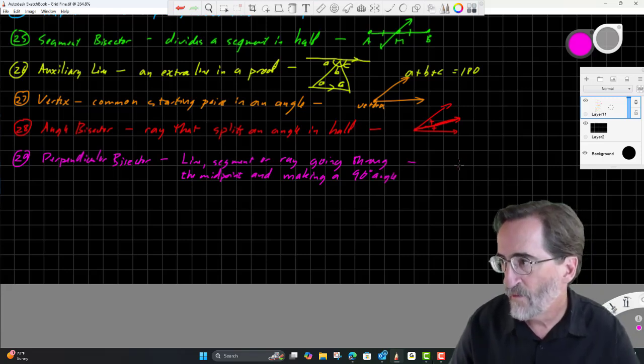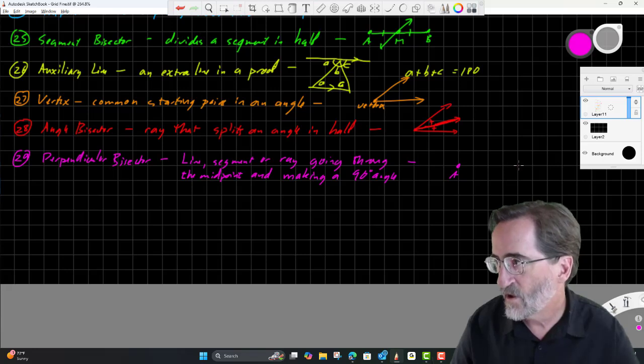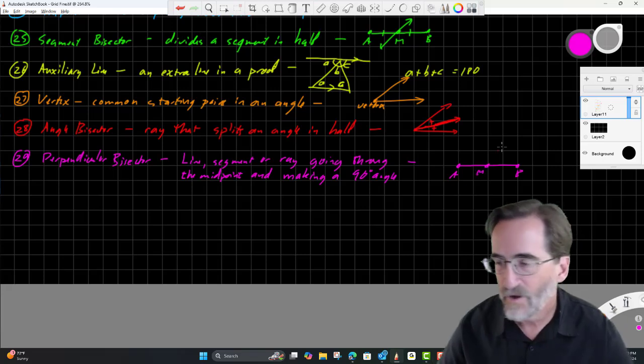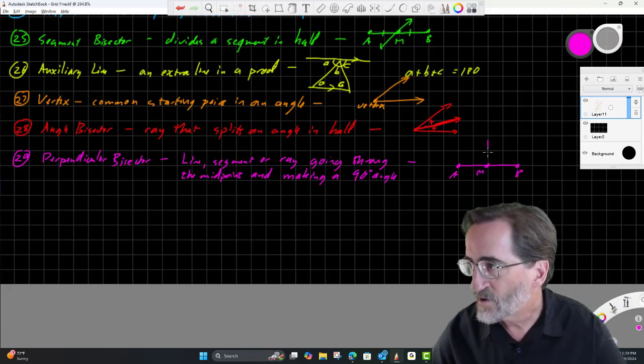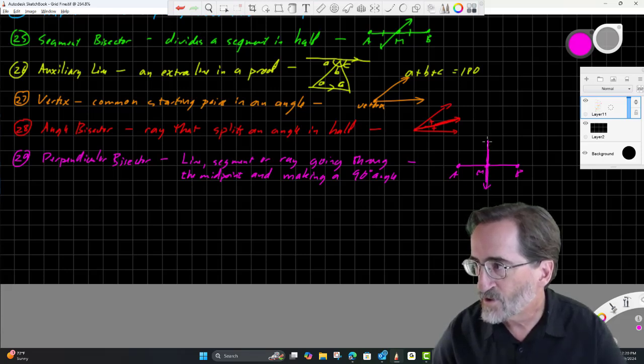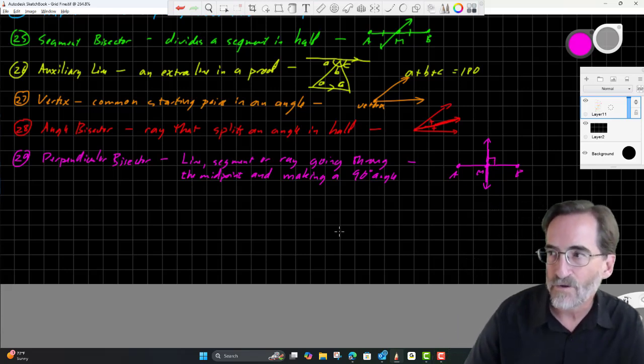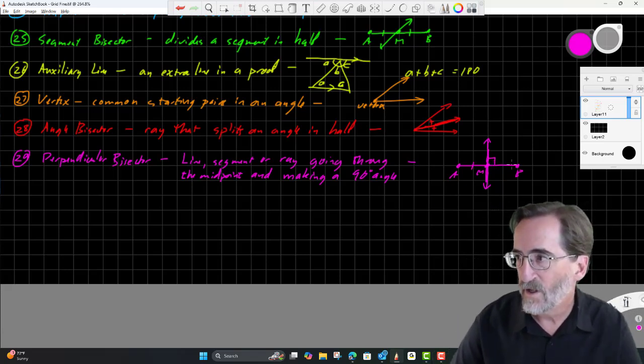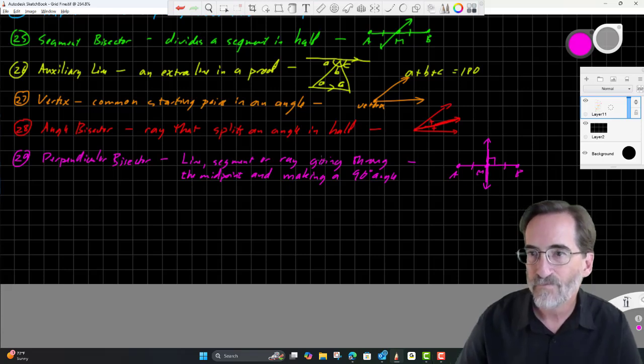Okay, so if this is A, and this is B, and this is M, the midpoint, okay, it's a line, segment, or ray that goes through M, but also makes a 90-degree angle. That's a perpendicular bisector. AM and BM are the same.